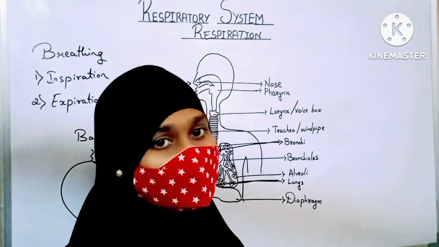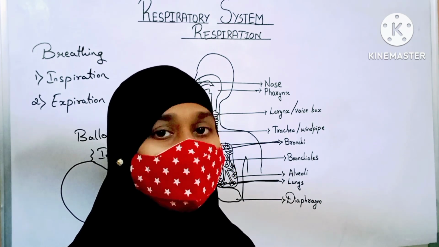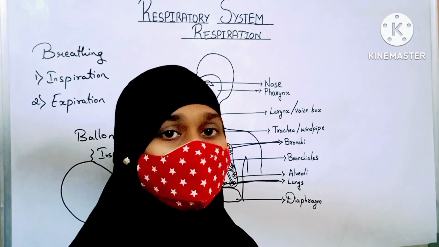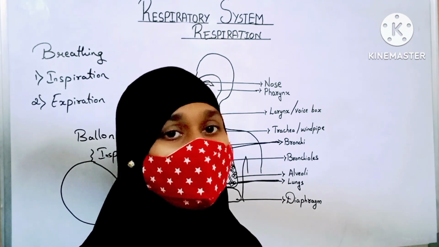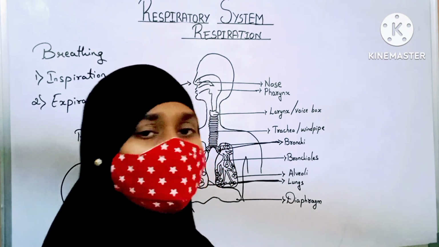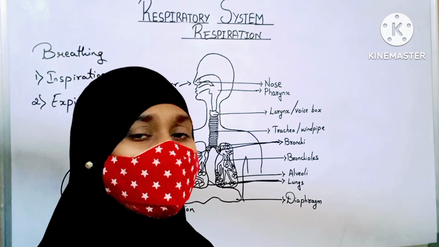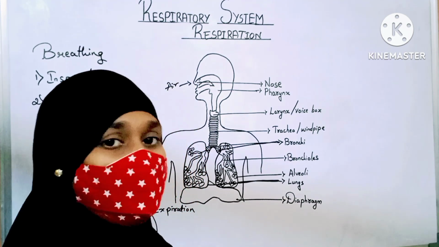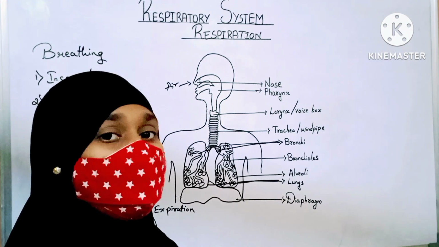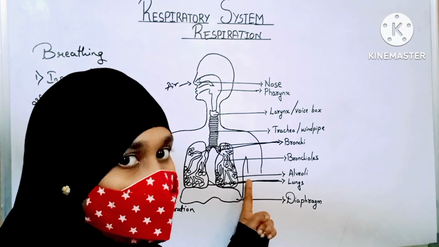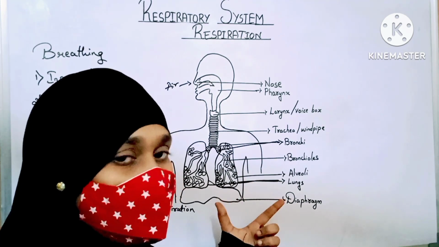The cell uses the oxygen and produces energy. The cell also utilizes the same oxygen for development and growth. During this process, carbon dioxide is produced. That carbon dioxide is absorbed by the blood. That blood is brought to the alveoli of the lungs.